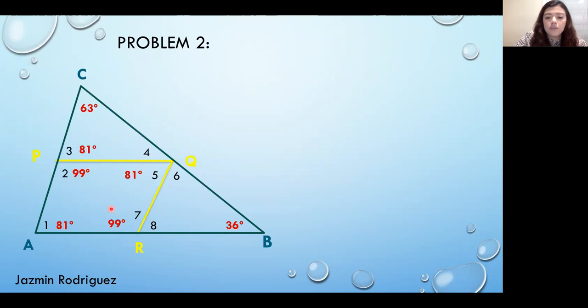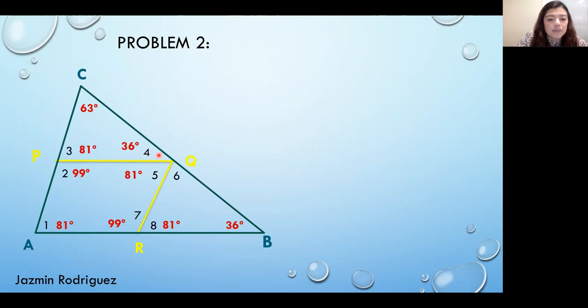Now let's go ahead and move on to our angle 8. So we see that angle 7 is supplementary to angle 8. So we will take 180 degrees and subtract the 99 degrees, and that is how we got 81 degrees for our angle 8. Next, we'll move on to our angle 4. And we see that our angle 4 is going to be corresponding to our angle B, 36 degrees.